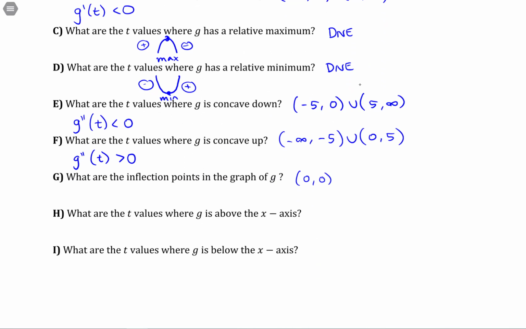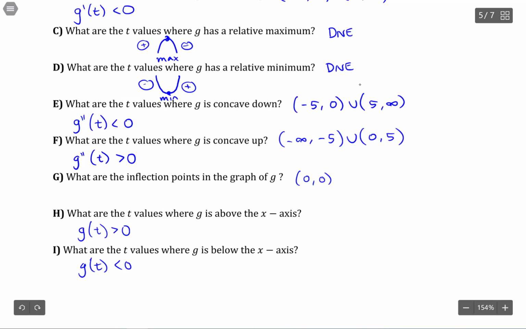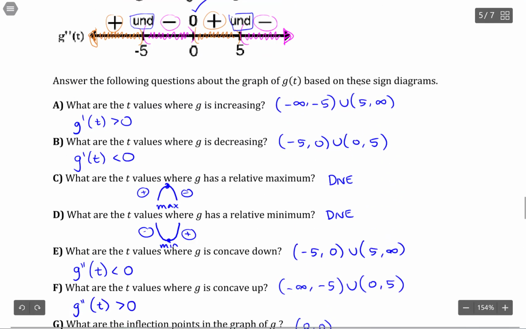What are the t-values where g is above the x-axis, and what are the t-values where g is below the x-axis? All that's asking is, where is the function itself, g, greater than 0, and where is it less than 0? It's essentially the exact same thing that we did for increasing and concavity.